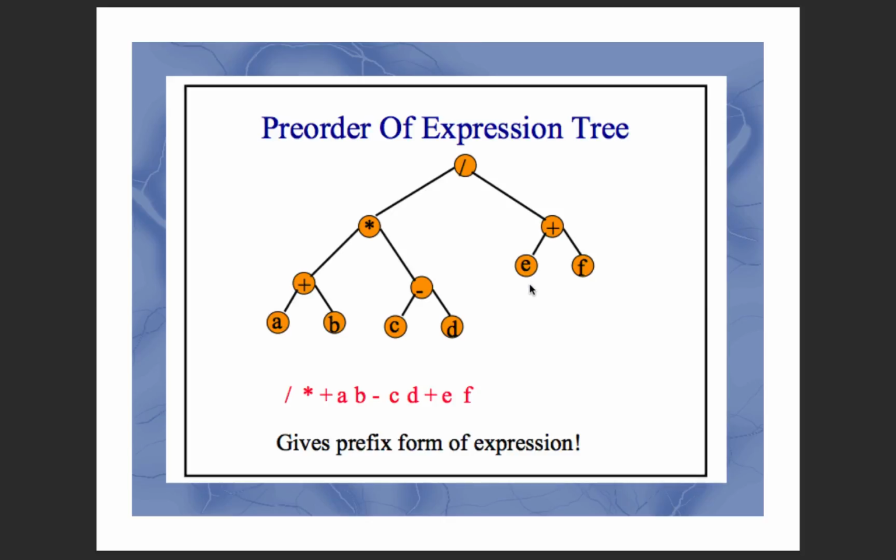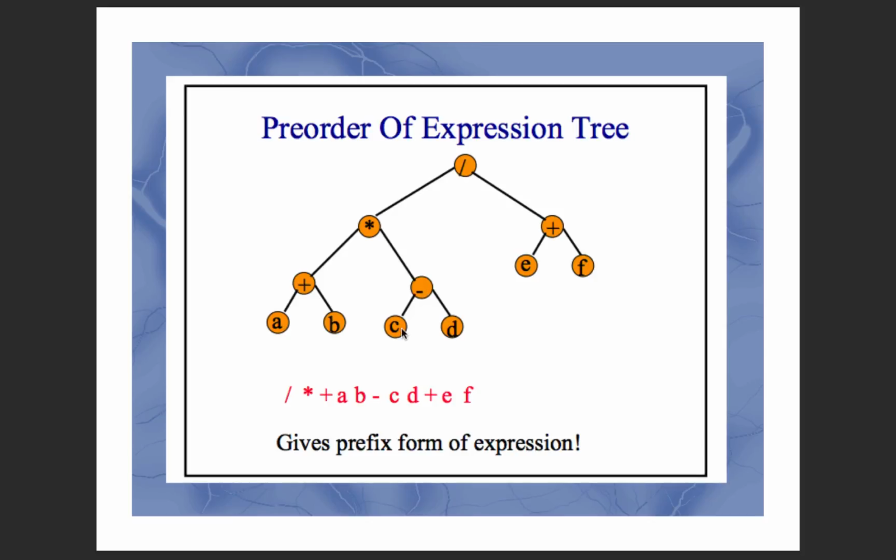So we can convert our infix expression into a prefix expression by reading in pre-order. For example, if you want to print the prefix, in pre-order you print divide first, this is the root, then go to the left side, you print the multiplication, go to the left side, you print the plus sign, go to the left side, you print A. Then after printing A, you print B. Then you are done with these, then you come to this side, you print minus.